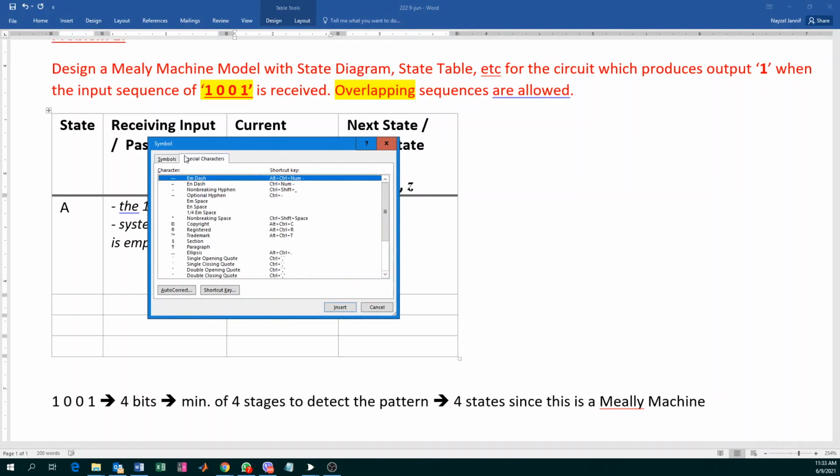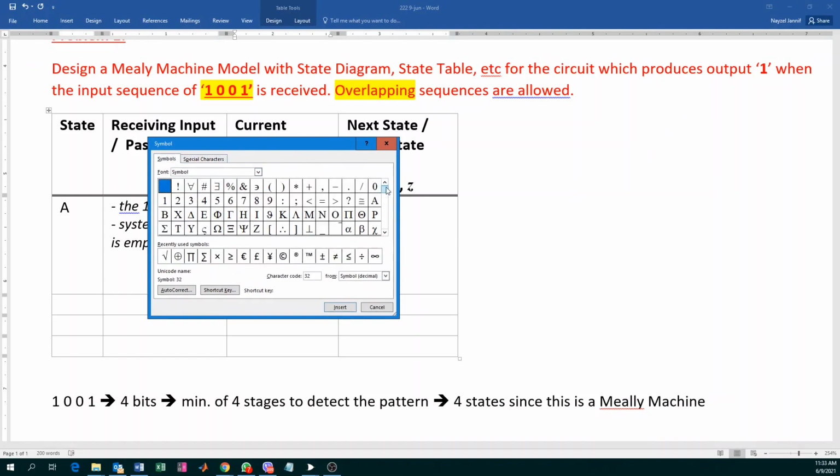Symbol, more symbols, special character. Tick. Guys, do you know where tick is? Okay, I'll just use this.